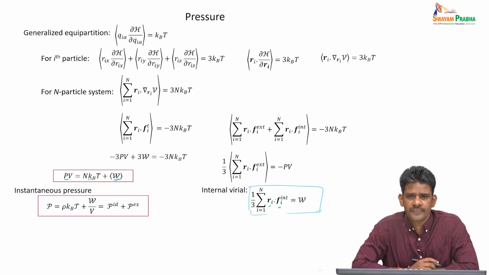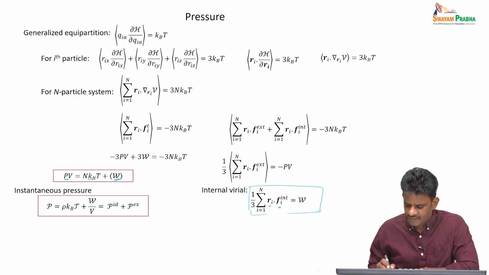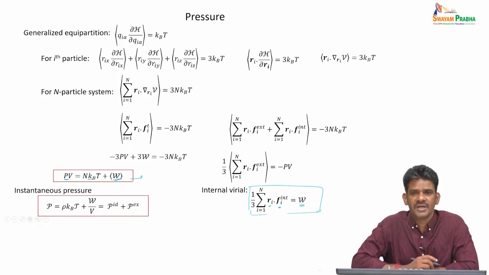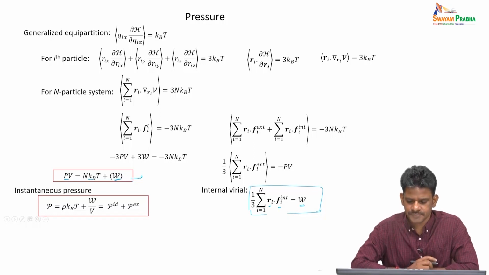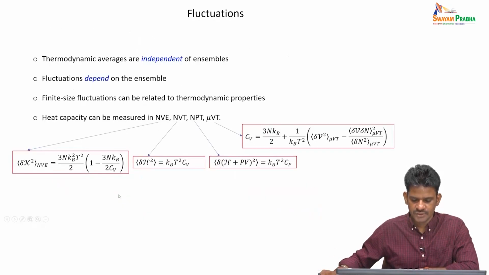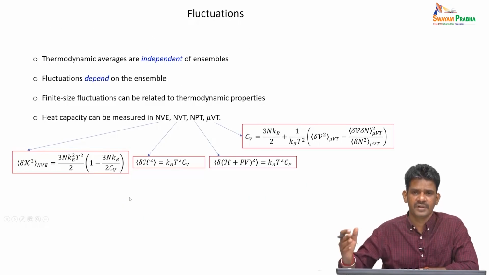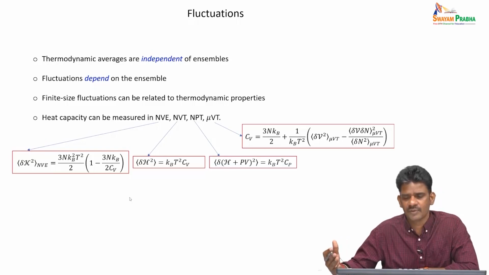At any given point in time, we can calculate the r dot f terms. That would be our virial. It can be used in this virial equation to get the pressure. So these are simple ensemble averages. We can calculate energy, volume, etc.